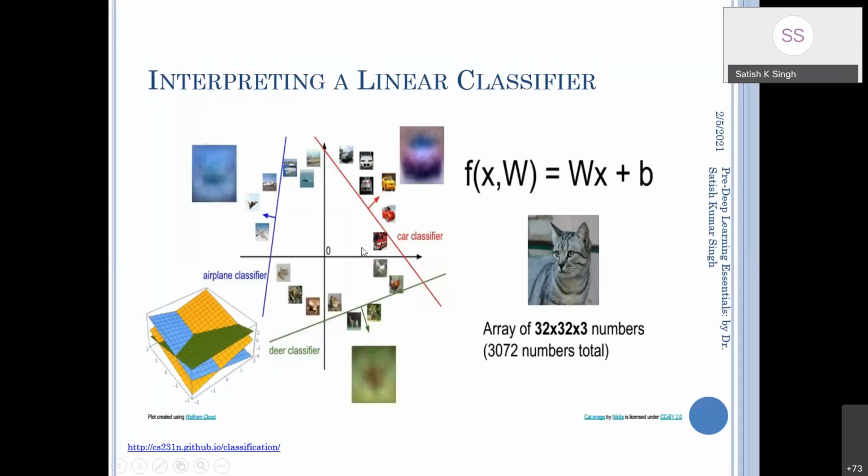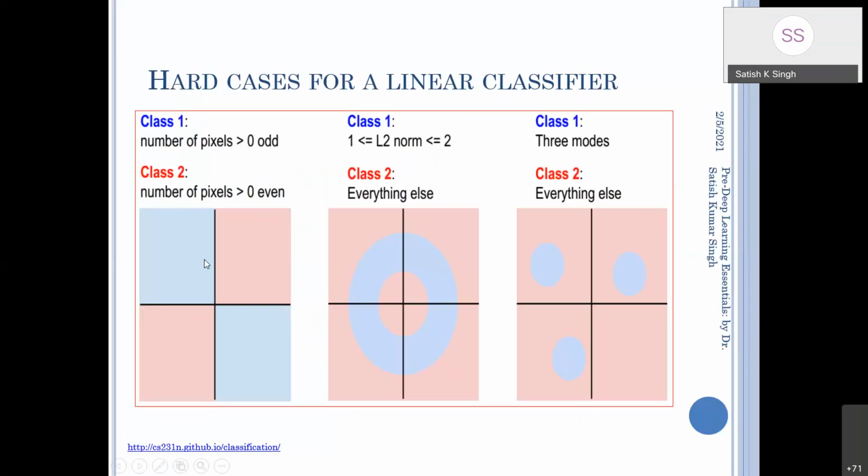If the number of classes is very high and the samples are also very high, then it is very difficult to separate the data by using this linear technique. Some of the data will be submerged, meaning one class will be merged with a second class, and then it is very difficult to differentiate among those classes. So these are very small problems, I mean, very hard cases.